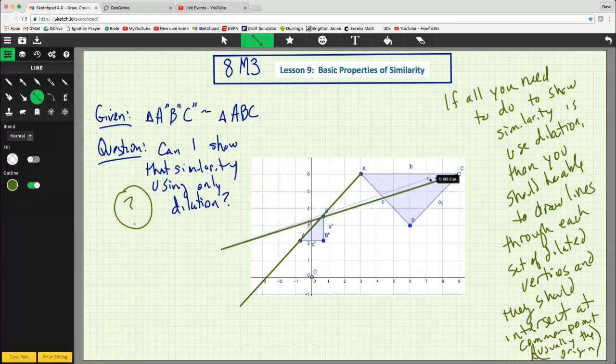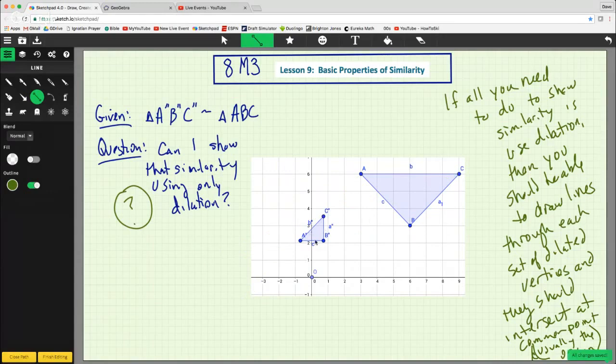If I was to dilate C double prime into C and B, the answer is no, because these lines don't line up. They're not coming to a single point. So I can't just grow this object and get this second object without having to twist it or move it or do some other rigid transformation.